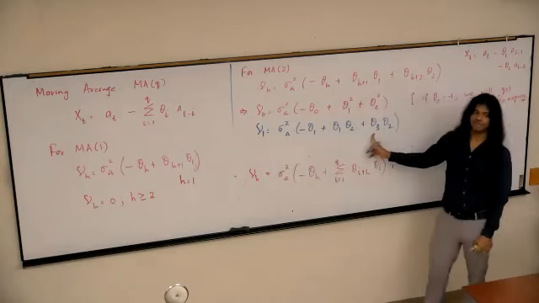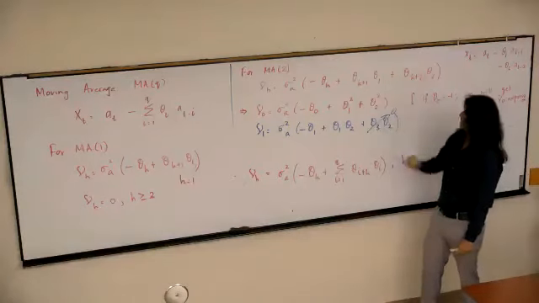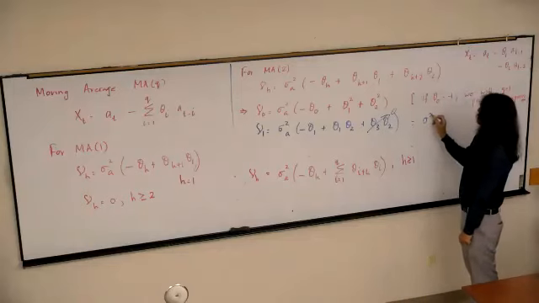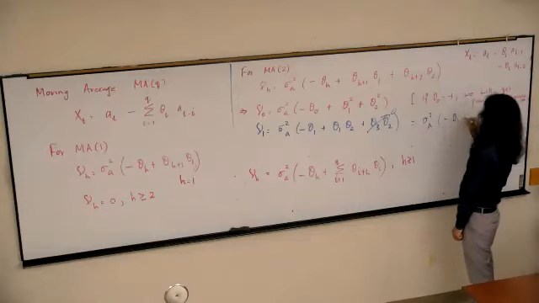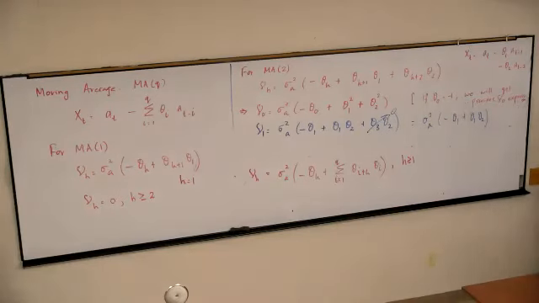What happens to that term? 0. There is no theta 3 in an MA2 model, so sigma squared a times negative theta 1 plus theta 1 theta 2. Look at your notes from last time.